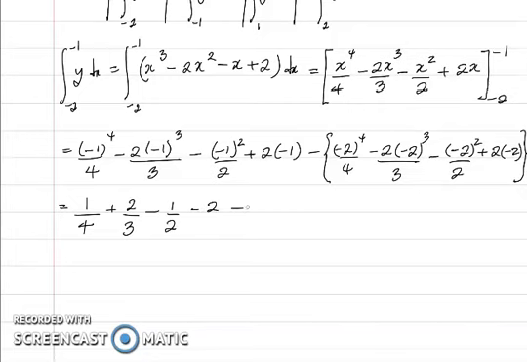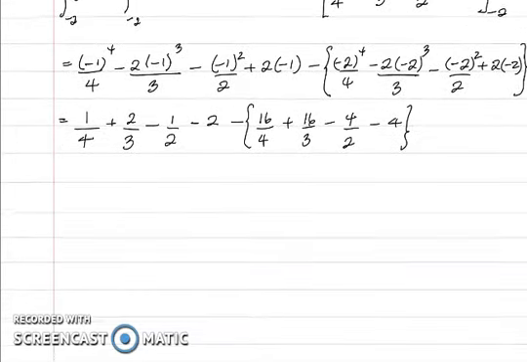And then over here in the bracket, we're going to have 16 over 4 plus 16 over 3 minus 4 over 2 minus 4. So we keep working down.